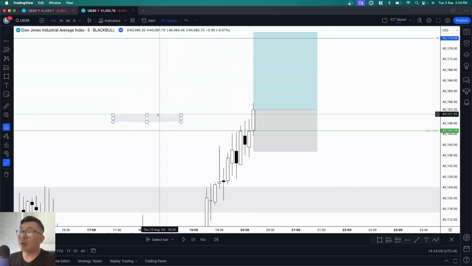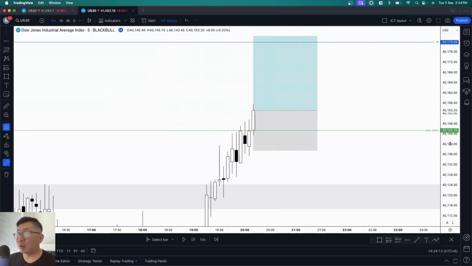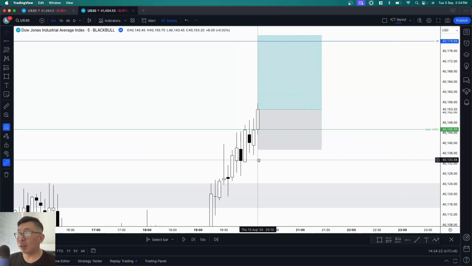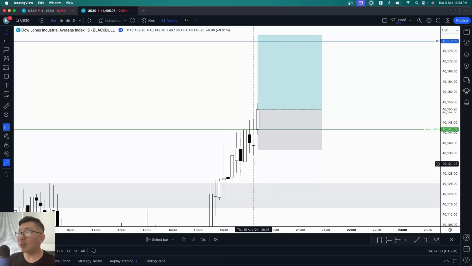But in this case, between this one and this one, I don't see much difference in terms of strength. So I took a slightly riskier approach, which is closer to price, but that's fine because I don't see any reason for keeping it safer but then lowering my risk to reward as well. Unless this is much stronger, say it's tested 5, 6, 7, 8 times, I'm willing to lower my risk to reward over that.